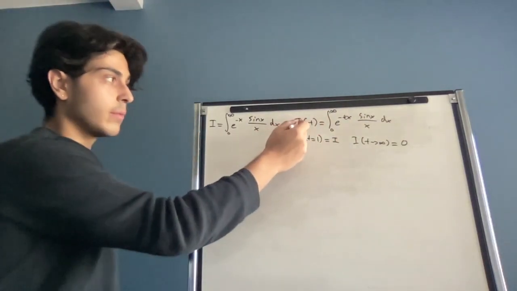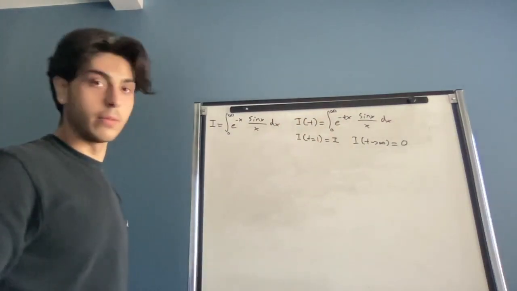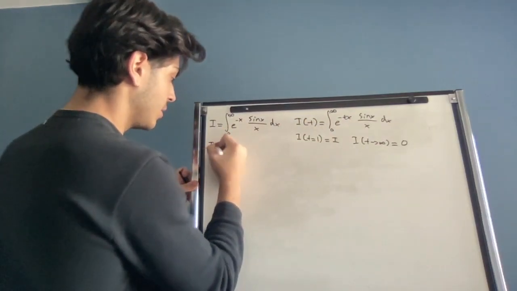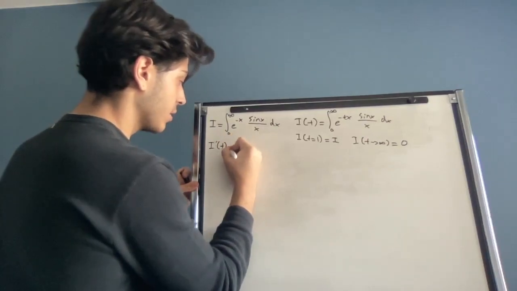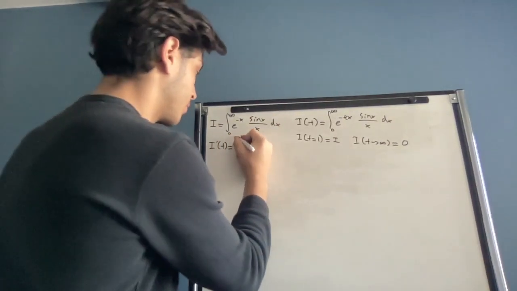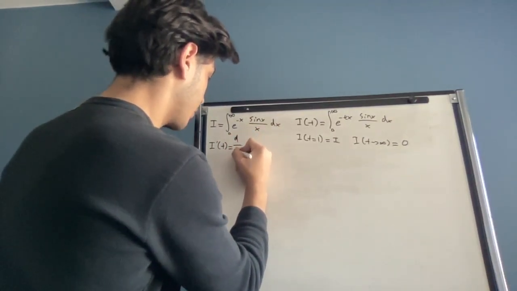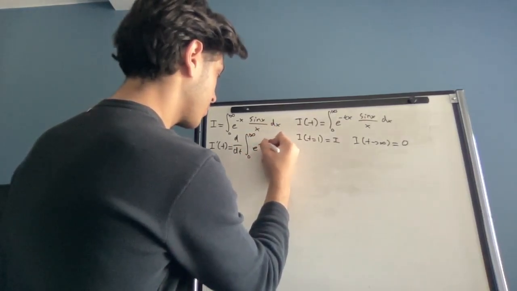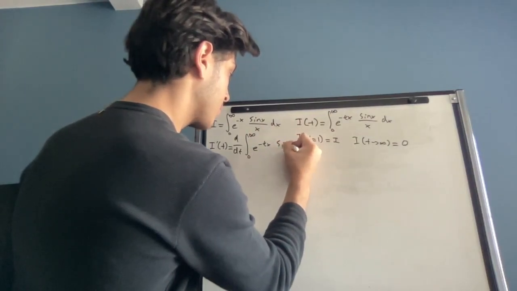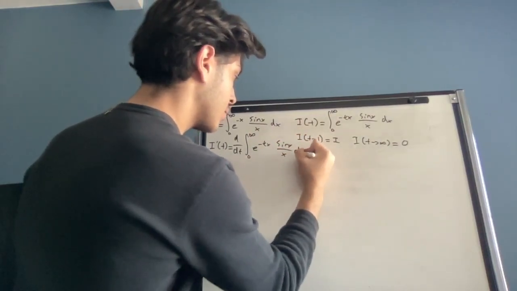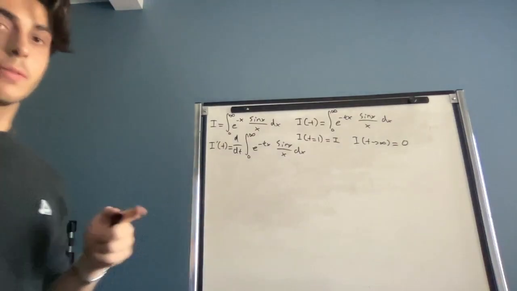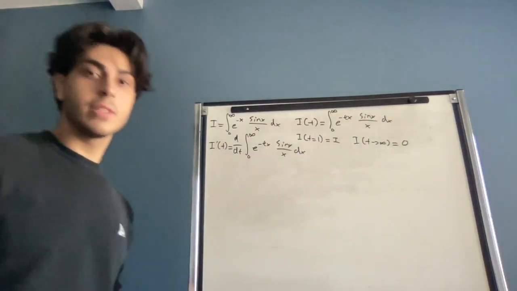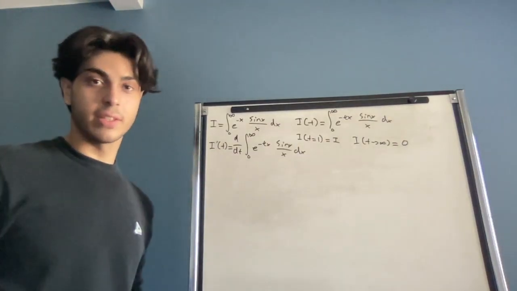And why did we create a variable for our integral? That is because you can take the derivative of this function as being equal to the derivative of the integral. And to take the derivative of an integral, you have to use Leibniz's rule of differentiation under the integral sign.